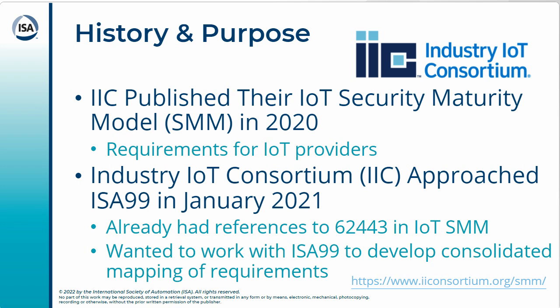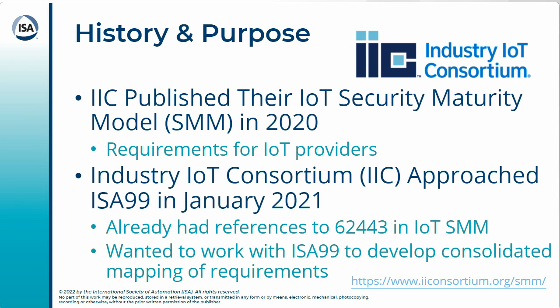They did take a look at the 2.1 document, the 4321, which is the asset owner policies and procedures. And they took a look at the 62443.3 document, which is the system security requirements. And they tried to do at least a very high-level mapping to the foundational requirements within the 3.3 document.